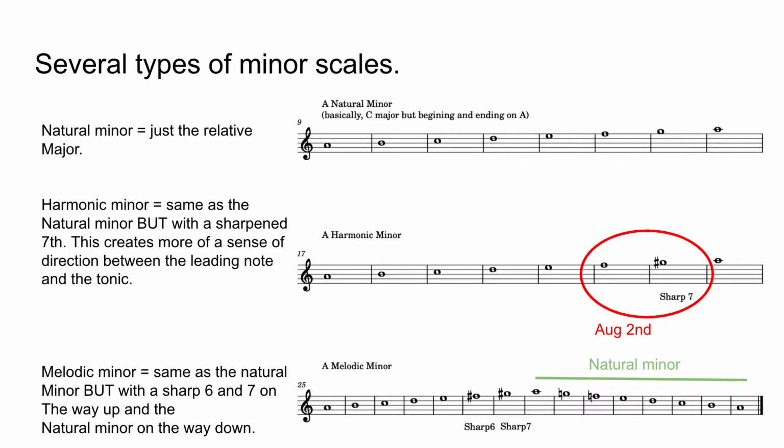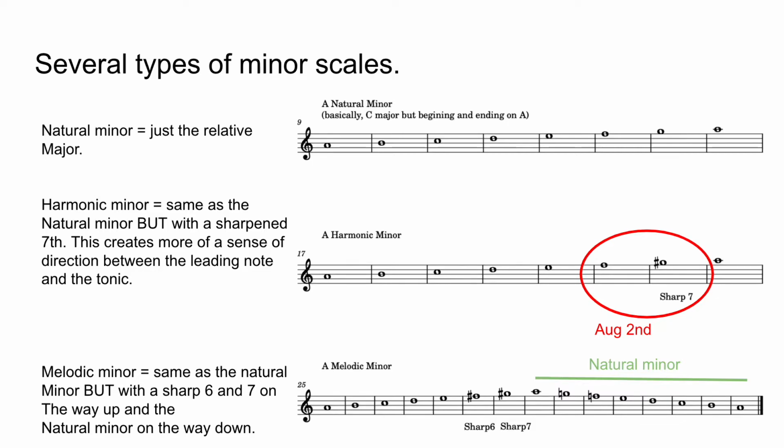So if I play C major, that B wants to rise up to C, but we don't get that in A natural minor. We get a tone up there, and it doesn't quite want to land. So, in order to rectify that, what composers often did was sharpen the seventh step of the minor scale, and that's reflected in the harmonic minor scale.